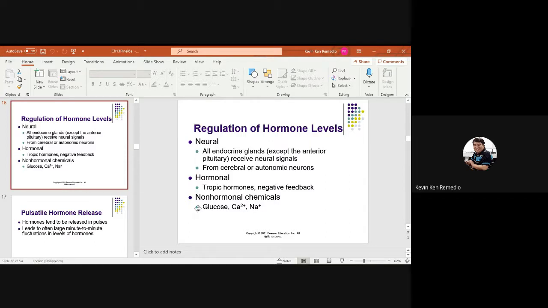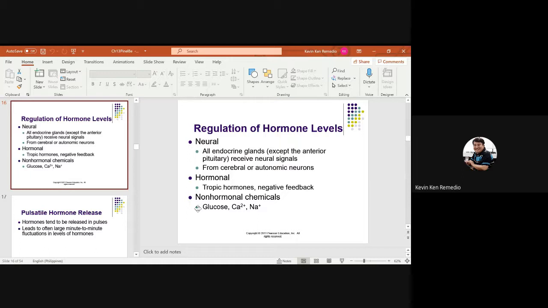Unsa may pasabot aning hormonal regulation class? There are some hormones, for example, si thyrotropin, released by the hypothalamus, na ang iyang main function is also to tell an organ or a gland to release a hormone or not. Right? So mo na gitawag siya hormonal regulation kay ang nag-regulate mismo sa pag-release og hormone sa isa ka gland is another hormone.